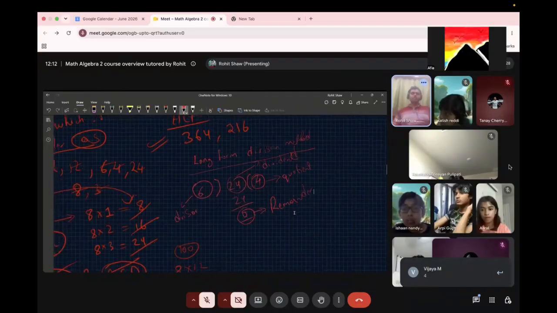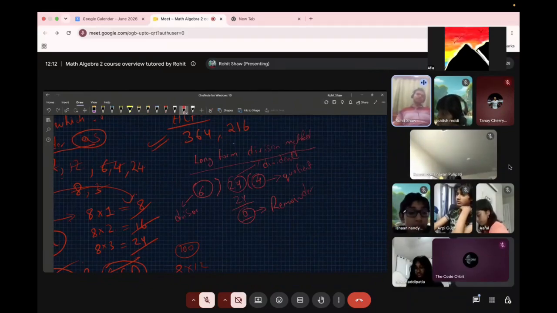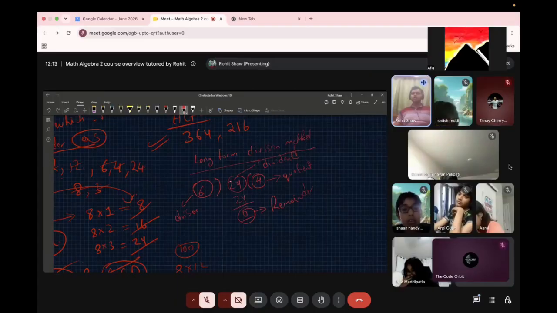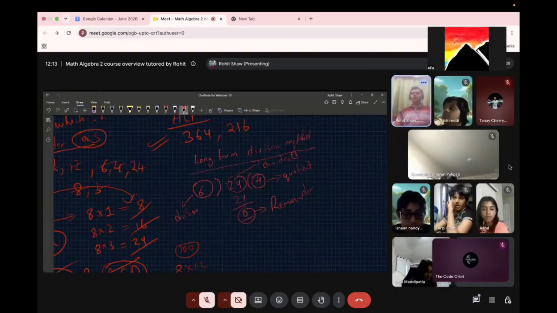The one at the center, which is being divided, is called the dividend, and the one which is dividing is called the divisor. The quotient is how many times, and the remainder is what is left at the end.